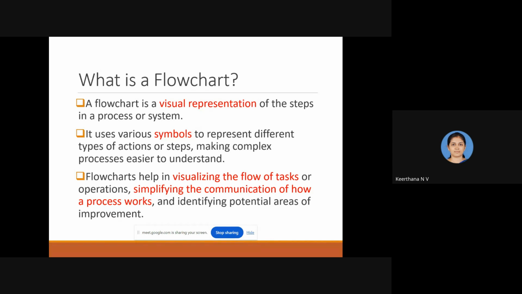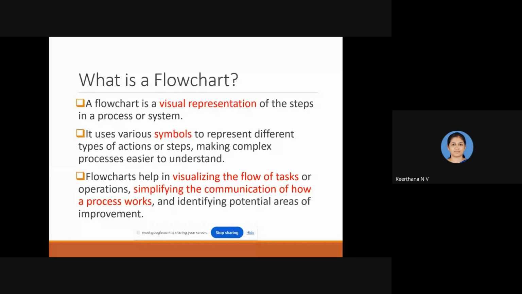Everyone finds it easier to understand by a diagram than by theory, so everyone can understand faster by seeing the diagram. So a flowchart will help the programmer understand more easily and faster than an algorithm. A flowchart is a visualization of the flow of tasks or an operation, simplifying the communication.